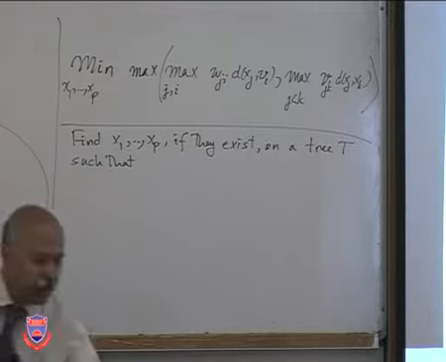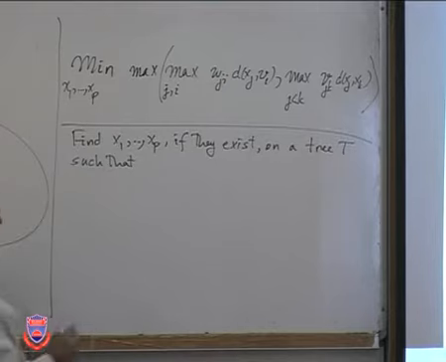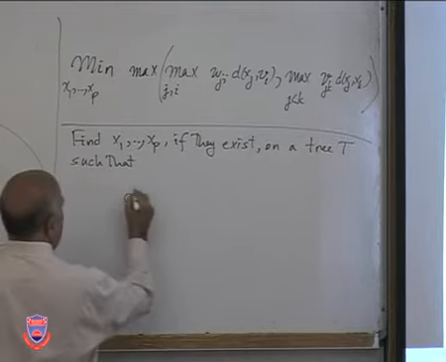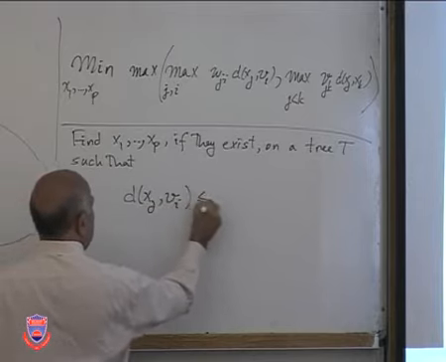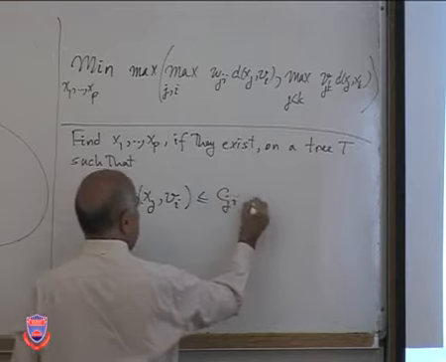Find P locations on a tree network, if they exist, such that the distance between xj and vi is less than or equal to some given upper bound cji.